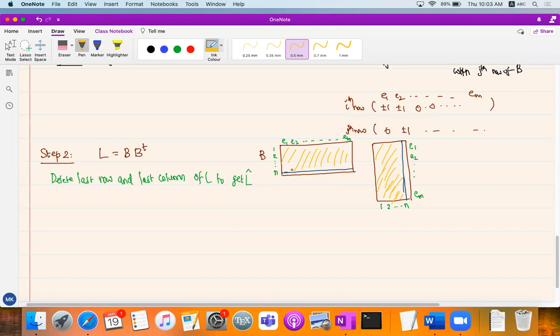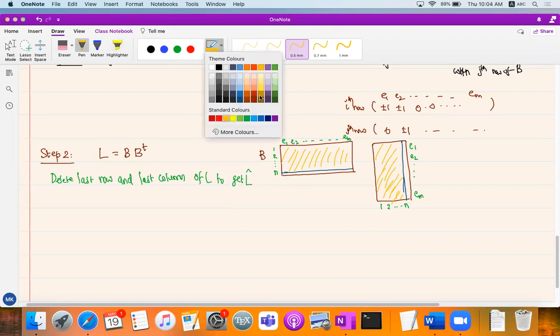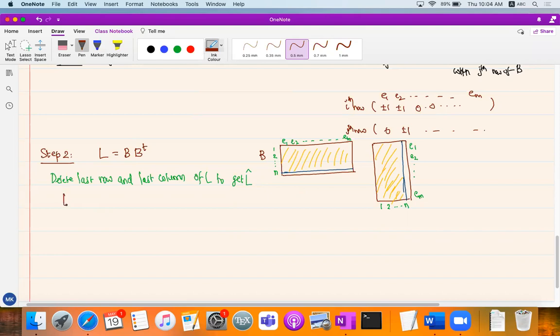Okay, so what I want to say is that let this matrix be C. Let C be the matrix got by deleting the last row of B. Then I am claiming that this particular L hat is just C C transpose.